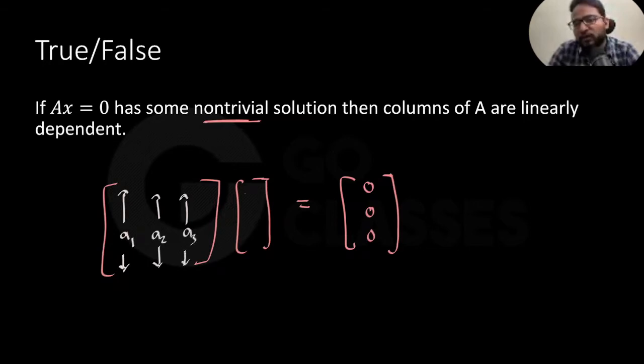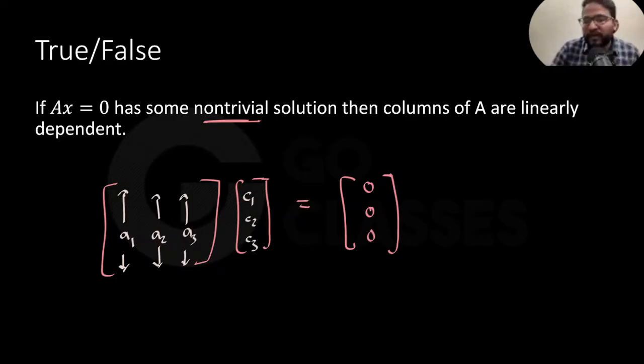These coefficients could be x1, x2, x3, or c1, c2, c3, anything. Let me know if the notations are fine to everyone. a1 is not a scalar, a1 is a vector, that's why I'm writing the arrows. These three are vectors, and these three are scalars.